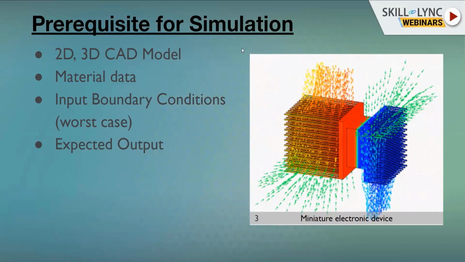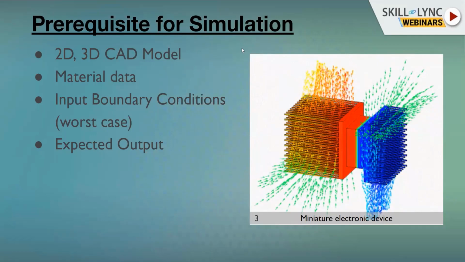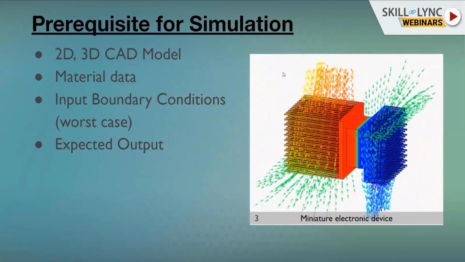Expected output. What is the expected output in thermal analysis? Temperature and heat flux. What is the expected output from CFD, computational fluid dynamics? Velocity, pressure, turbulence nature.